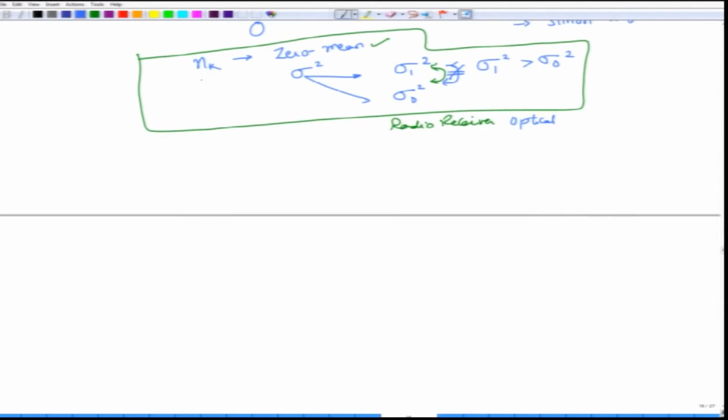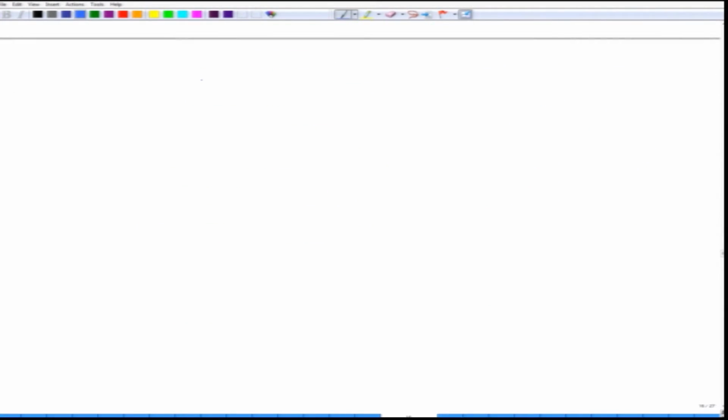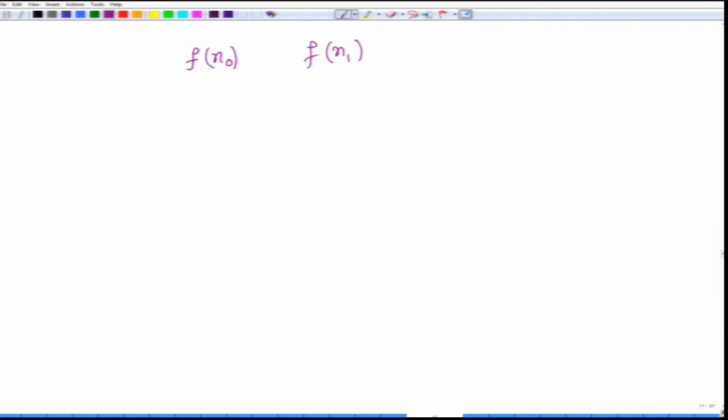So, the variance itself depends on the input that you have transmitted, and if you sketch the probability density function of this noise process, let us say there is the noise process corresponding to bit 0 and the noise process corresponding to bit 1. Okay. f of n0 is basically the noise process when I have transmitted bit 0, and then f of n1 is the noise process when I have transmitted bit 1.